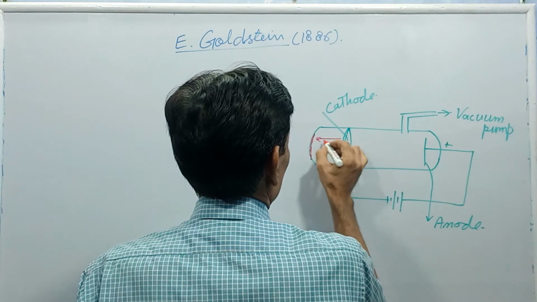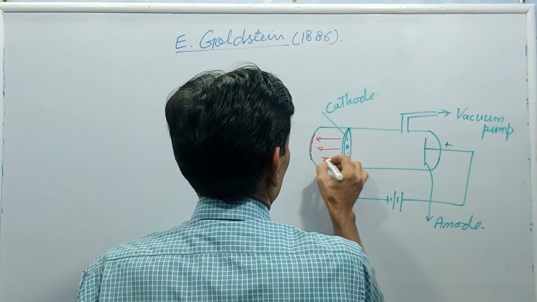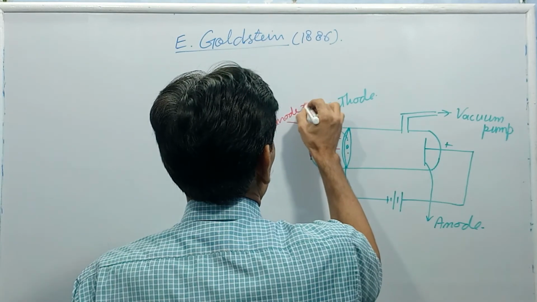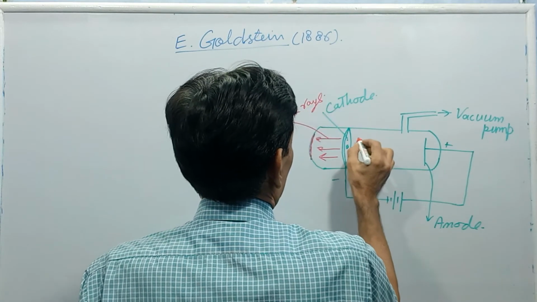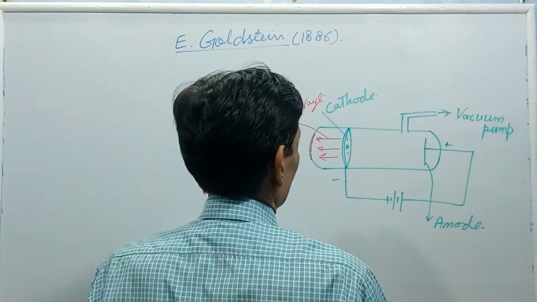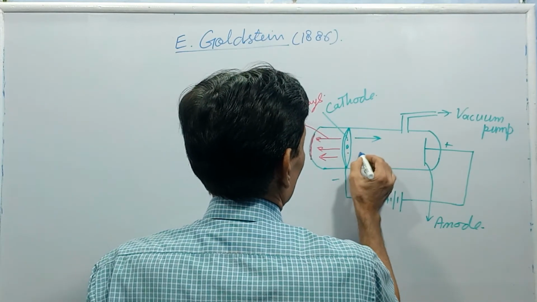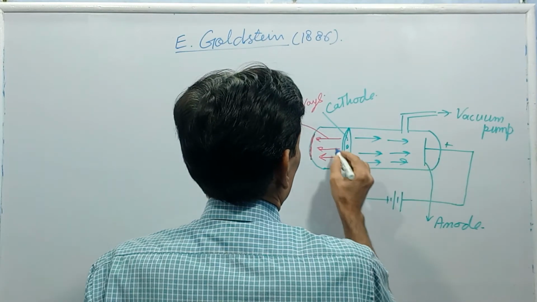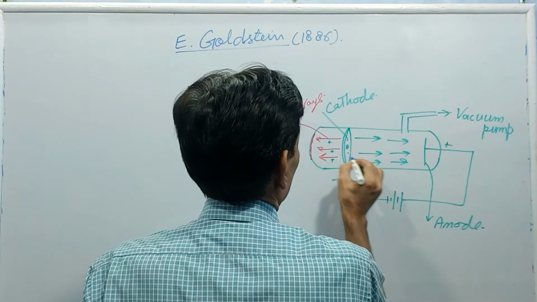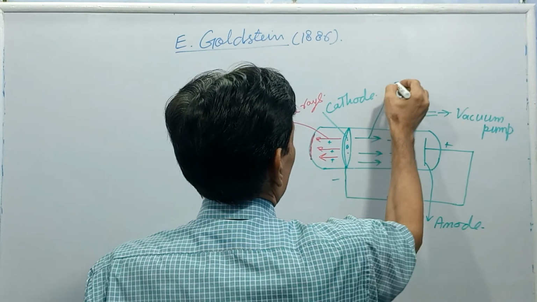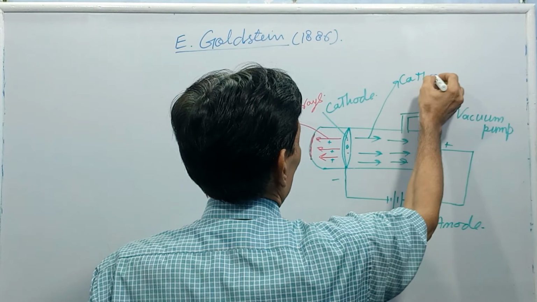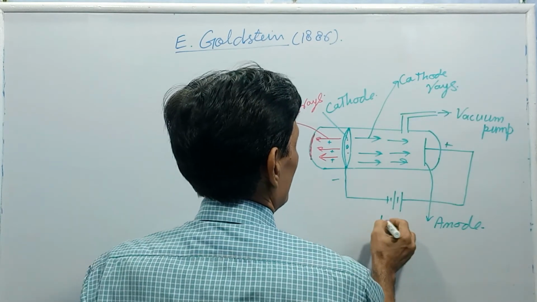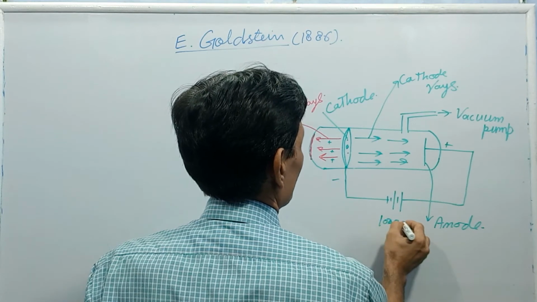These rays are anode rays, and these rays are positively charged, and these rays are cathode rays, and this is 10,000 volt high voltage.